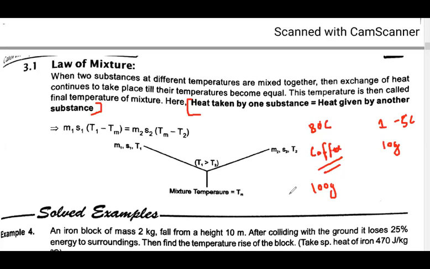So what do you think will happen? The temperature of coffee will decrease, but the temperature of ice will increase. Yes, cold coffee. So the amount of heat lost by coffee should be equal to the amount of heat gained by ice. Yes or no? Got it?